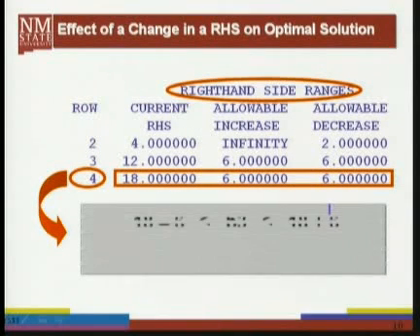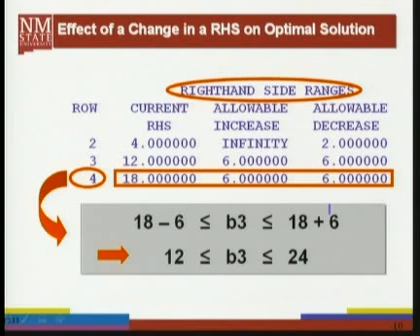So the allowable range to stay feasible for the right-hand side of the last constraint, for example, can be obtained like this. B3 must be greater than or equal to 18, the current right-hand side value, minus 6, that is the allowable decrease limit. But B3 must be less than or equal to 18, the current value, plus 6, that is the allowable increase limit, right?